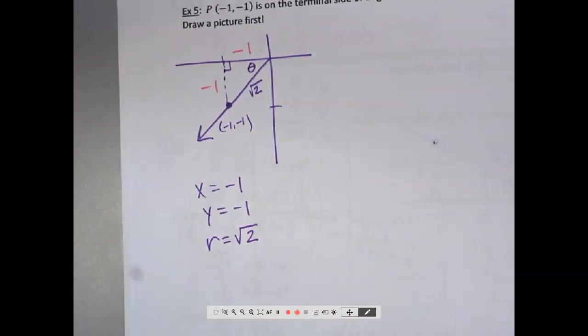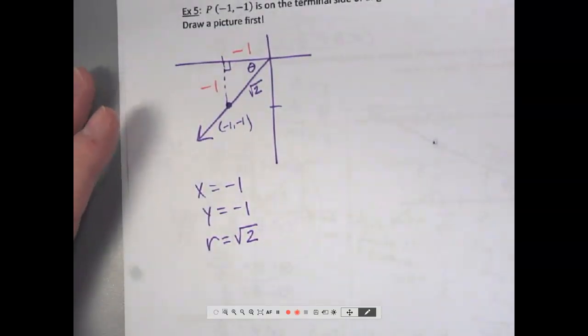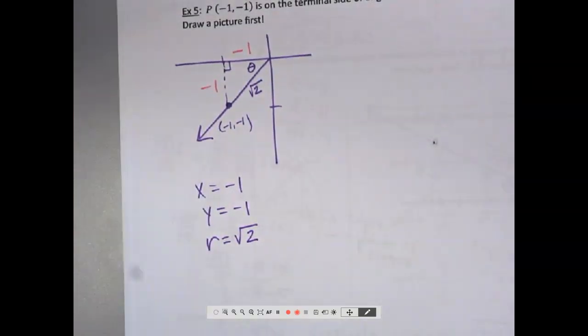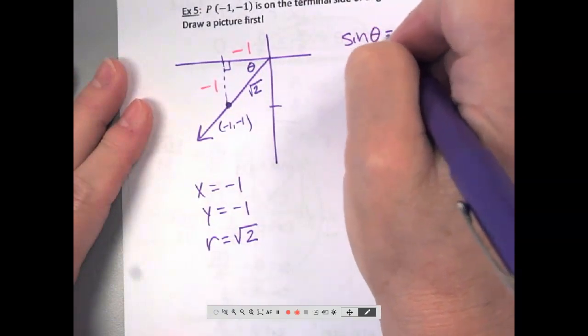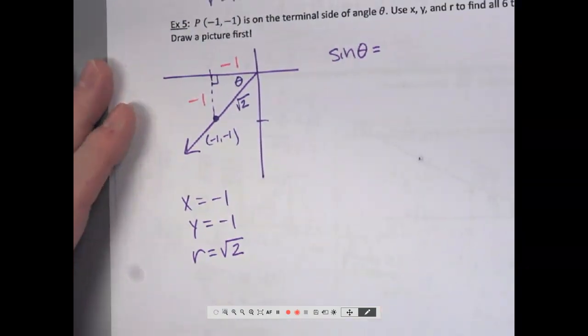Okay, I want you to find all 6, and we'll call it a day. And I do have your homework to give you. It will be due Tuesday, not Monday, after we finish up all these notes. I'm going to do mine up here, and then we'll compare.